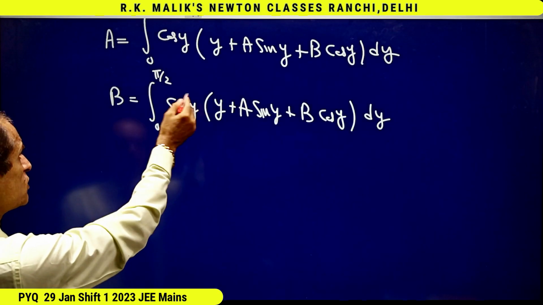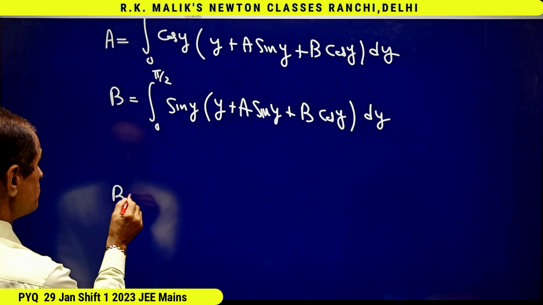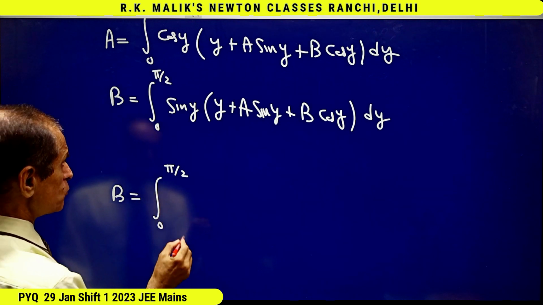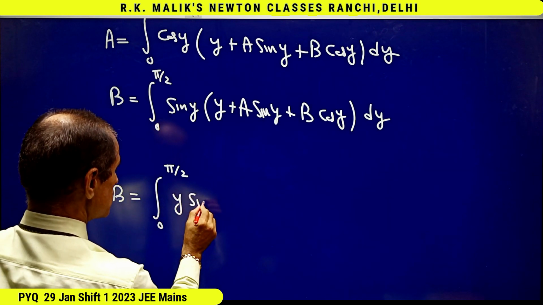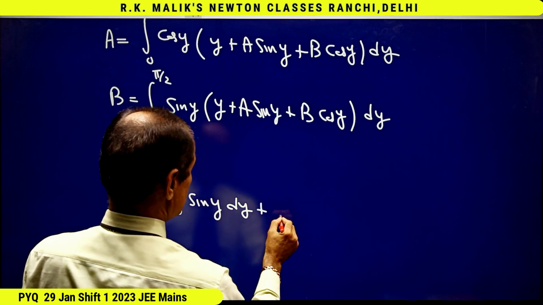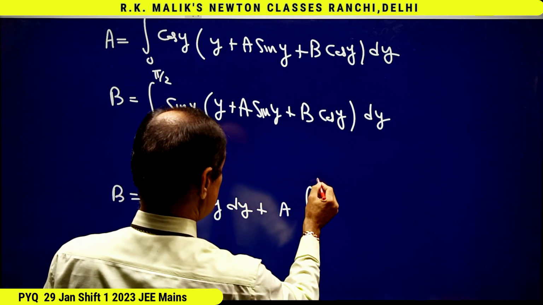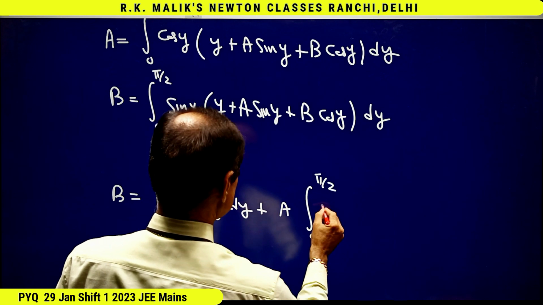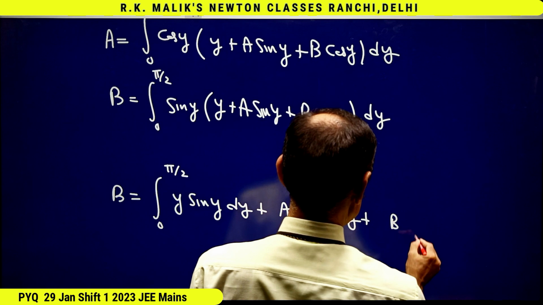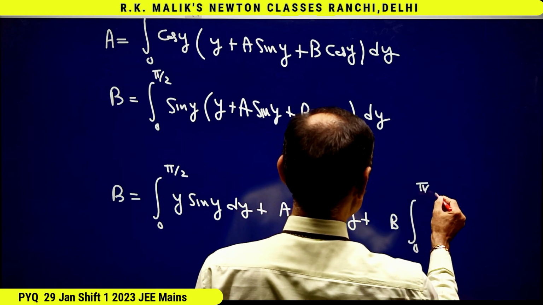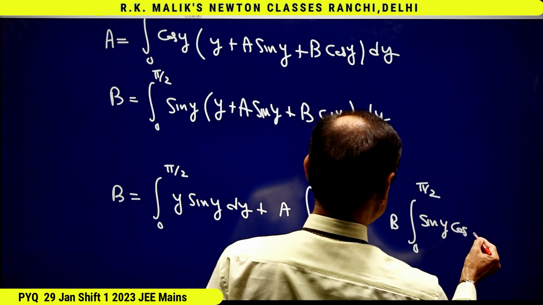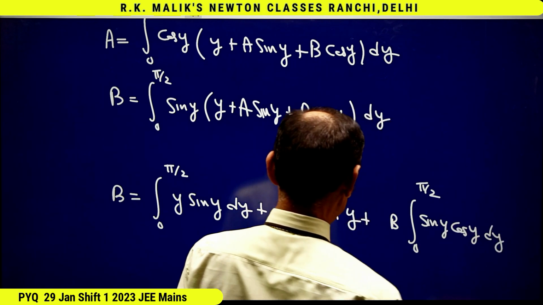And now using this I get b equal to integral 0 to pi by 2 y sin y dy plus a integral 0 to pi by 2 sin square y plus b integral 0 to pi by 2 sin y cos y dy.